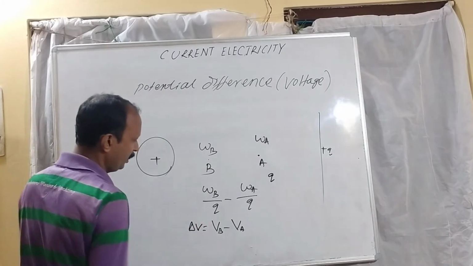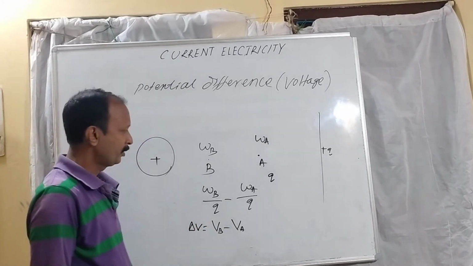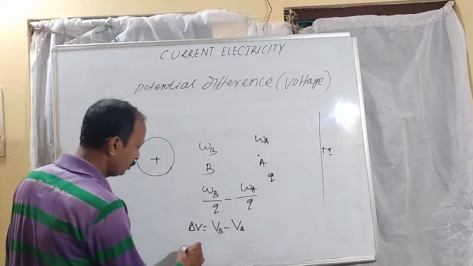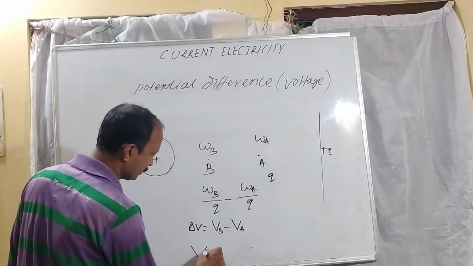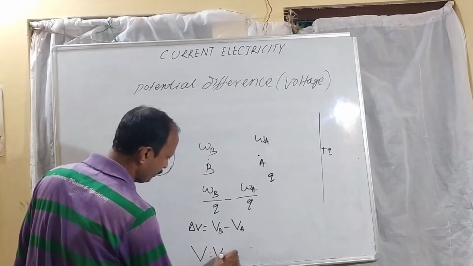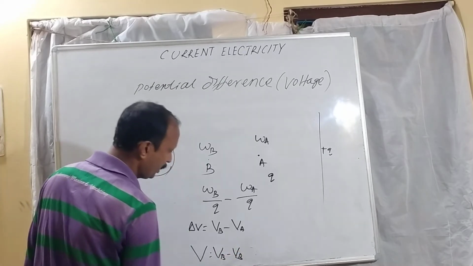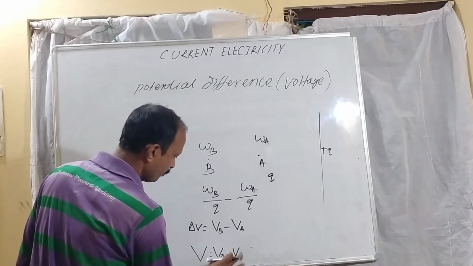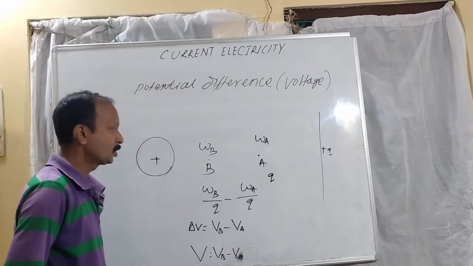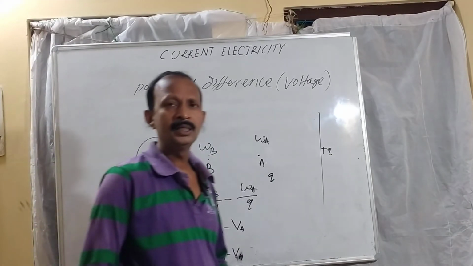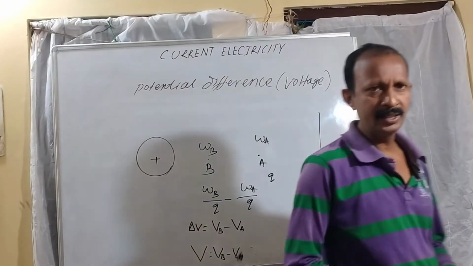Delta V is VB minus VA. For convenience you can use this potential difference like this, VB minus VA.